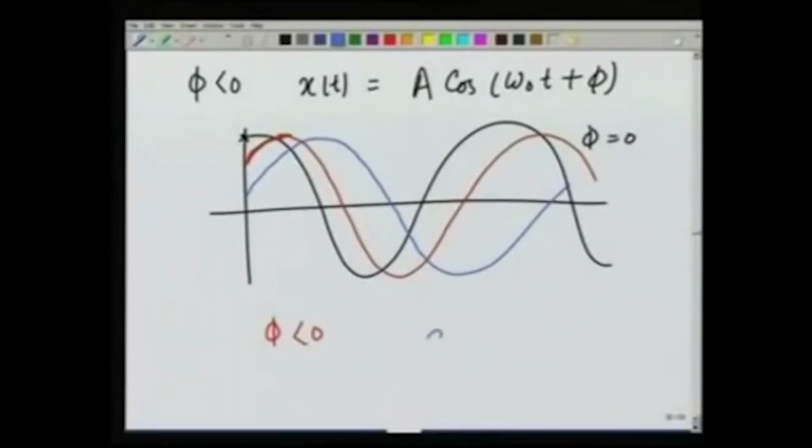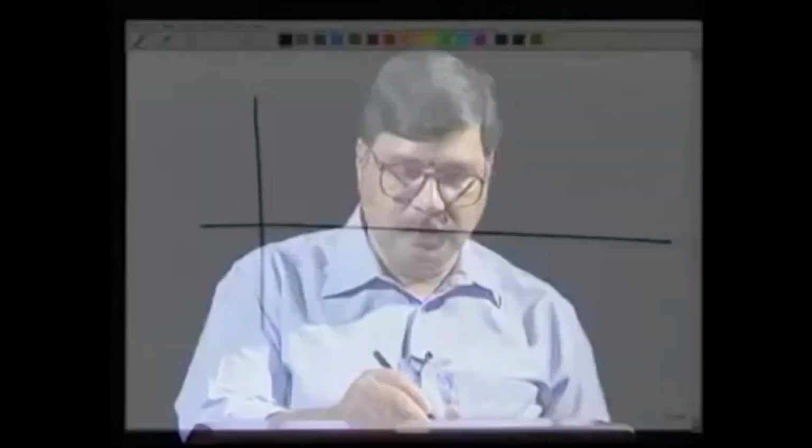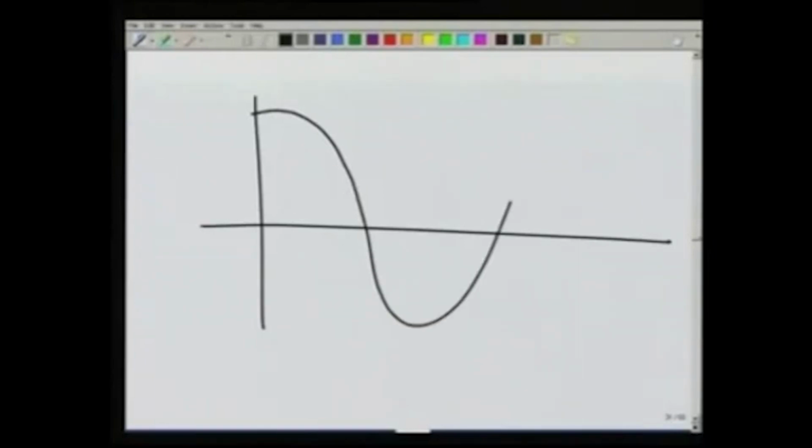What about if I keep decreasing the phase and go to the limit of phi is equal to minus 180 degrees? How would the motion look? And how does that compare with the motion phi equal to plus 180 degrees? Let us see these two extreme cases. This is phi equal to 0.